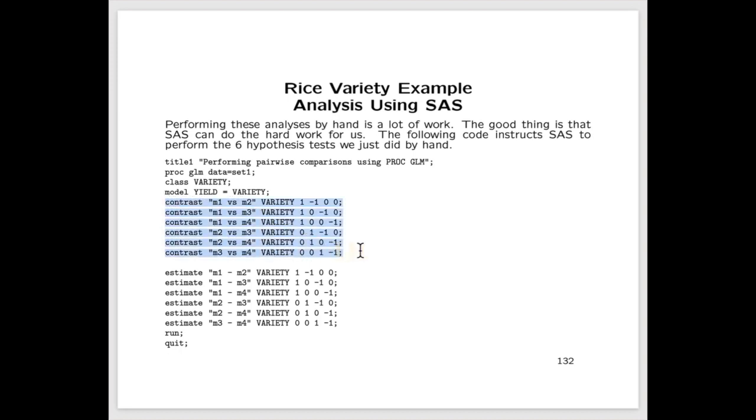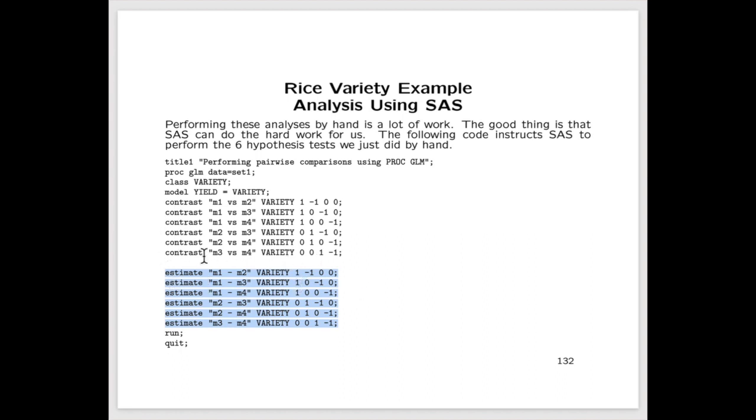Again, the contrast statements, which we've looked at, allow us to perform these comparisons to test these hypotheses. The estimate statements will also test those very same hypotheses, and you see here that the syntax is exactly the same, or the way we specify what we're testing is exactly the same as we do with the contrast statements.